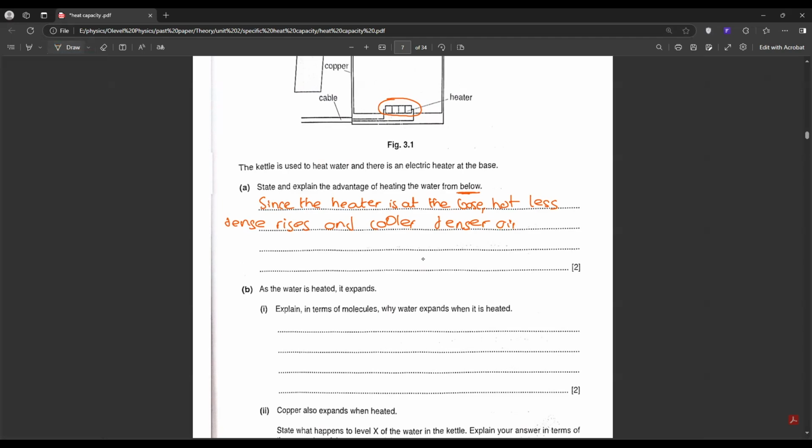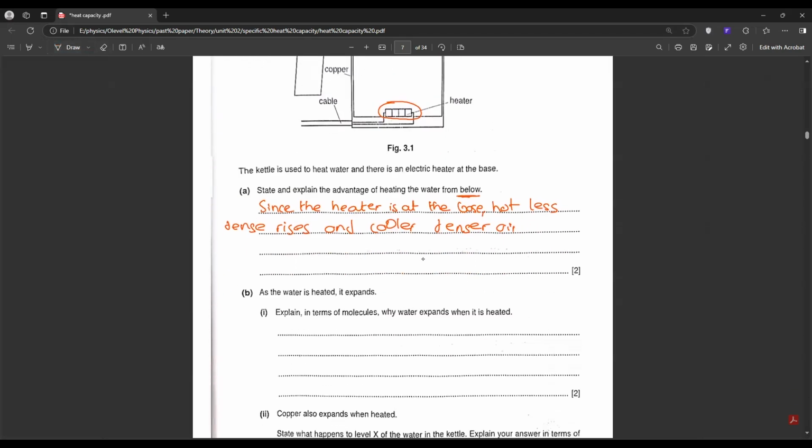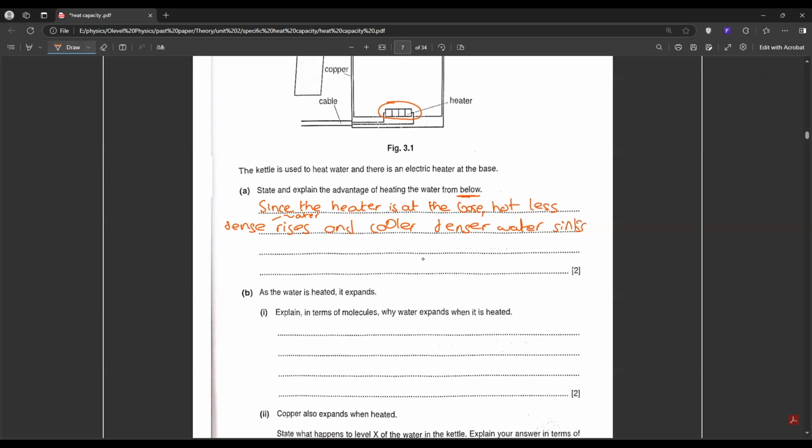What is the substance inside? Water, sorry. Since the heater is at the base, hot, less dense water rises and cooler, denser water sinks to the bottom, developing convection currents.